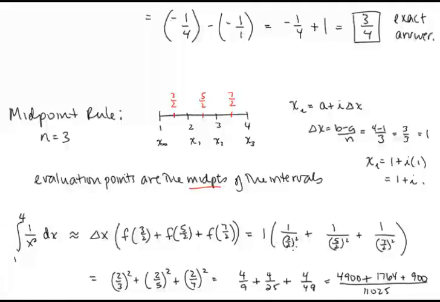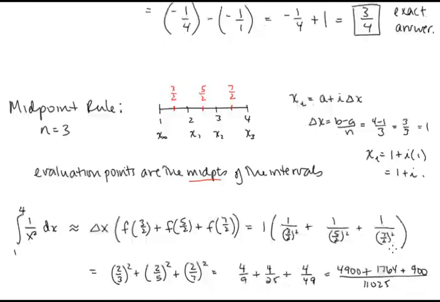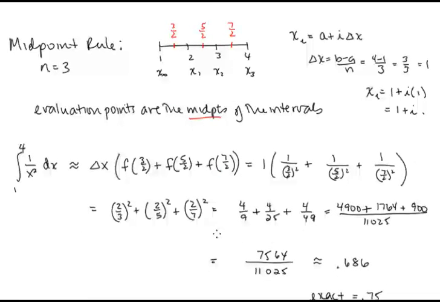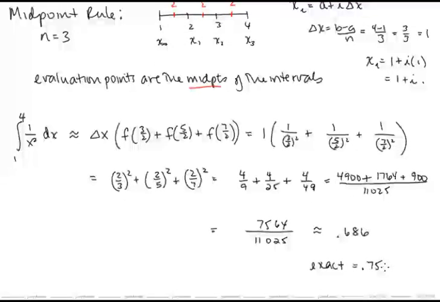So that's 1 over (3 halves) squared, plus 1 over (5 halves) squared, plus 1 over (7 halves) squared. Simplifying and combining our fractions, we end up with 7,564 over 11,025, which is approximately 0.686. And we know that our exact answer was 3/4, which is 0.75.